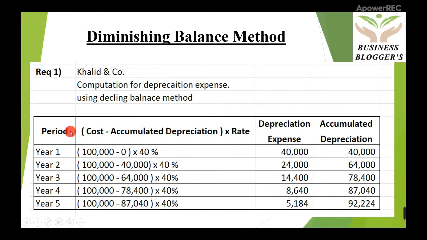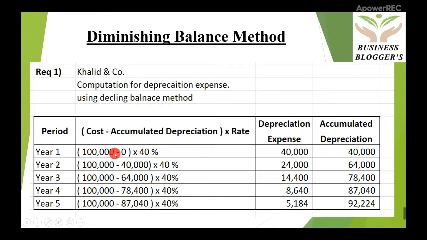Our first column is called period, and we write down all the years, 1 2 3 4 5. In the second column we put our formula of the diminishing balance method. Our third column is called depreciation expense and the fourth, last column is called accumulated depreciation, right?